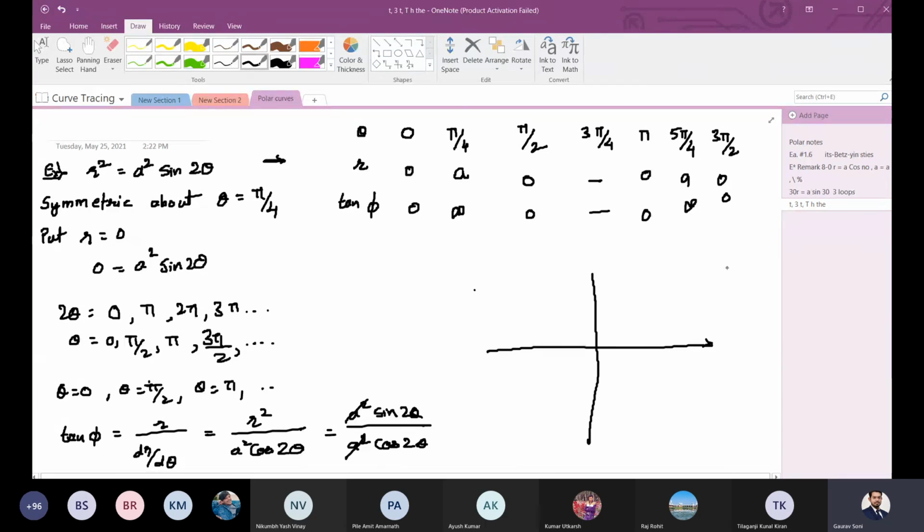Anyways, this is the line about which we have the symmetry. At 0, it is 0. At pi by 4, it is becoming a. At pi by 2, it is becoming 0. Then at 3 pi by 4, the curve does not exist. At pi, it is 0. At 5 pi by 4, it is becoming a. And at 3 pi by 2, it is becoming 0. So this is called Bernoulli's lemniscate.